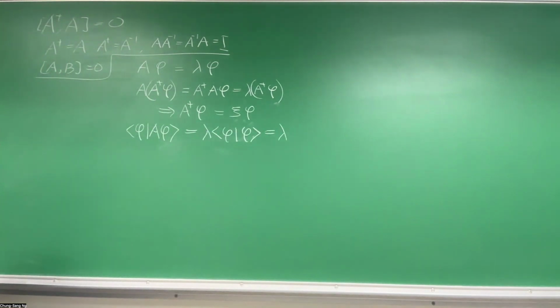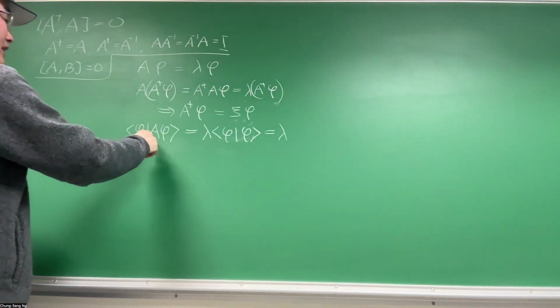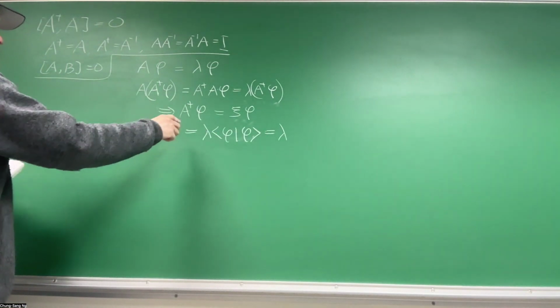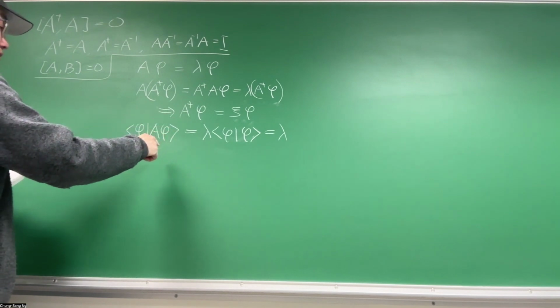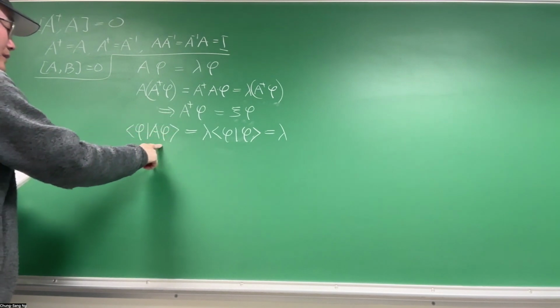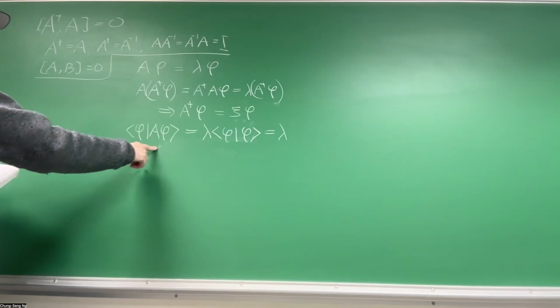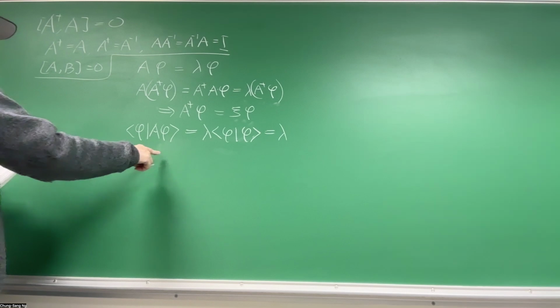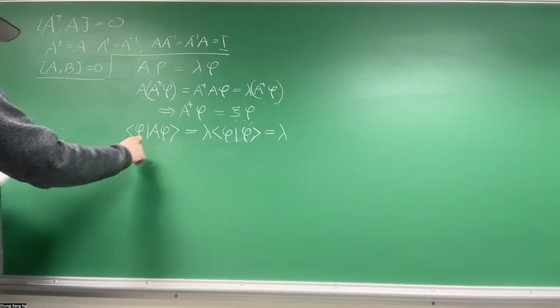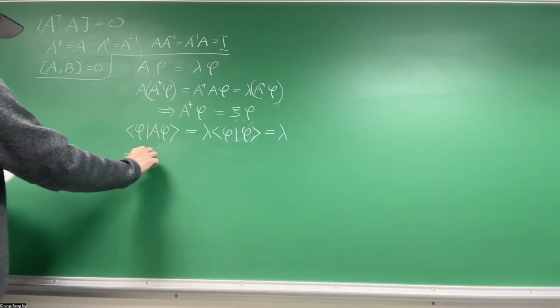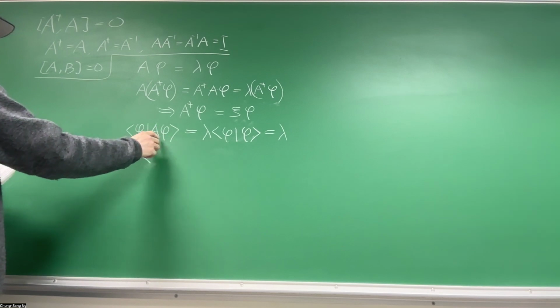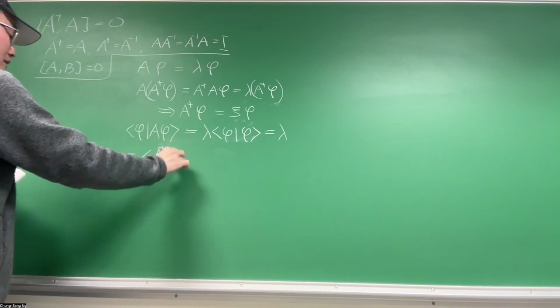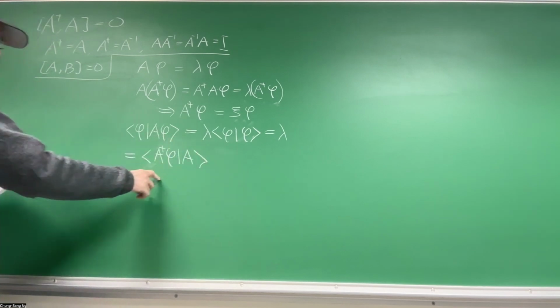That's straightforward. Now you apply the definition of the adjoint operator. This is what we did before: A dagger on phi with A, which is just the property of the adjoint.